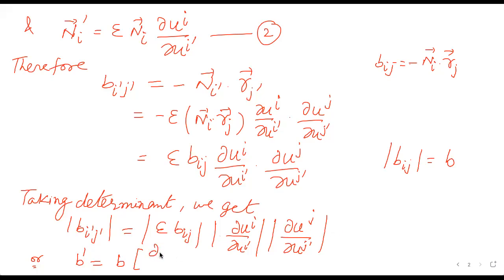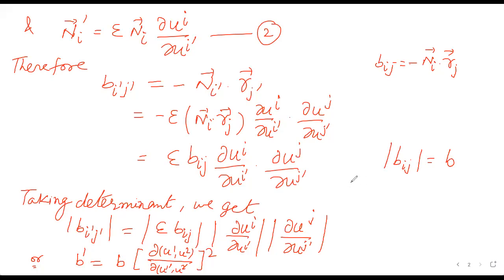So it will become ∂(u1,u2) upon ∂(u1',u2') whole square. So it is your B dash.